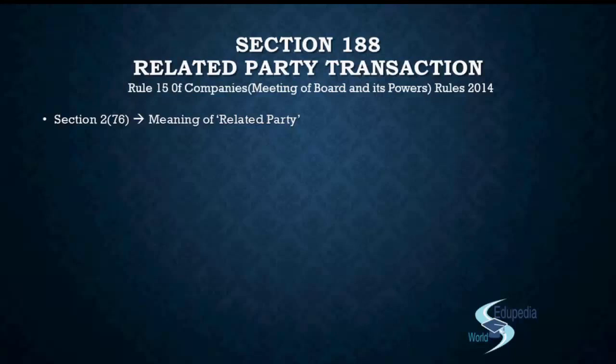So that means if the director or the manager of your company, in whose case we are analyzing the related party, has control, that means if the other body corporate's board of directors or manager acts as per the instruction of the director or the KMP, the manager of the company under consideration, right? If that is the matter, then that body corporate will also be considered to be a related party, right?